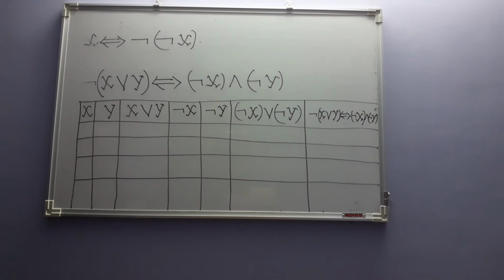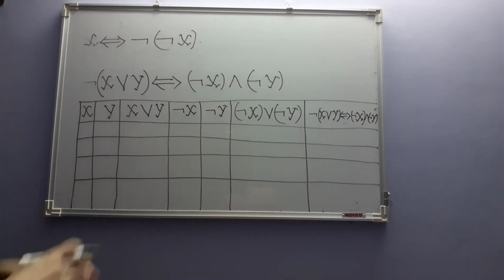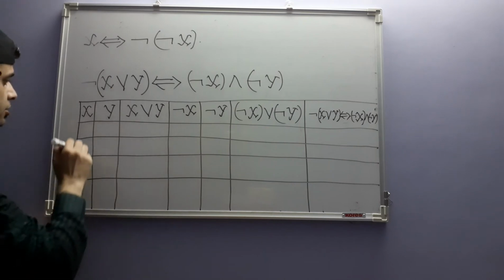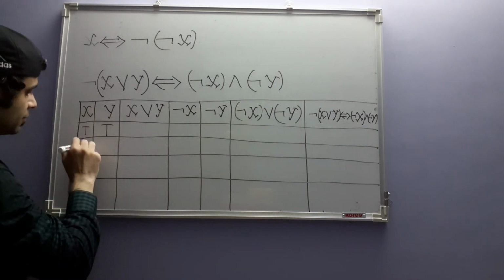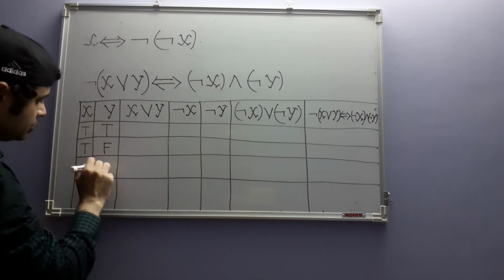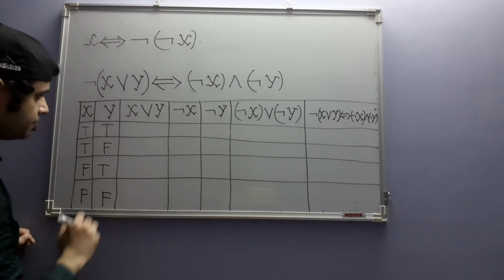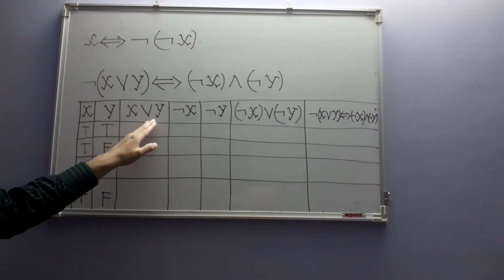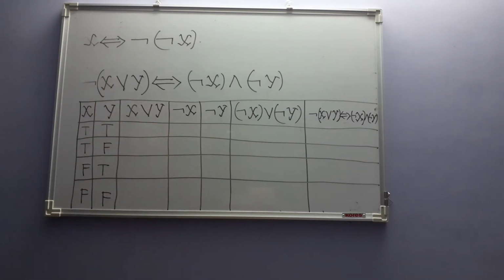Okay, so this is the format of the truth table for one of the De Morgan's laws. So like before, we can have both of them to be true, exactly one of them to be true, and none of them to be true. So when we come to disjunction, at least one truth gives us truth.